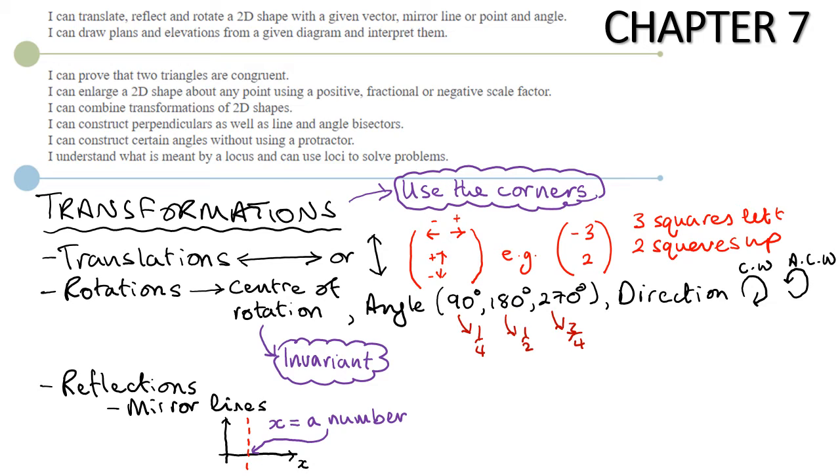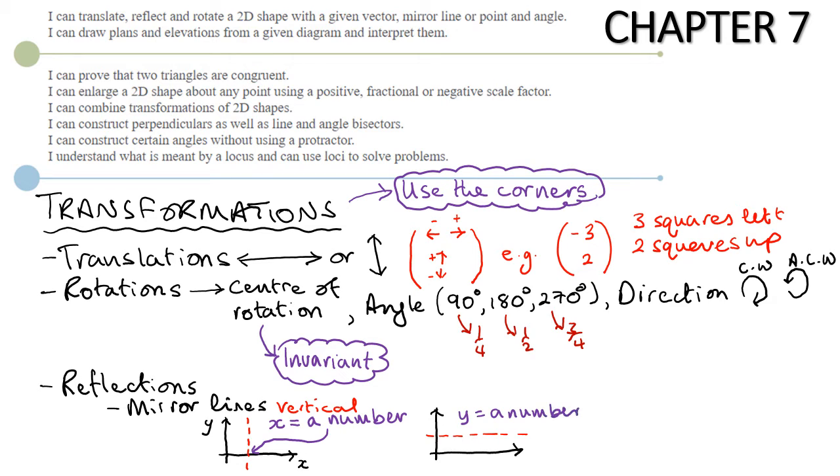Oops, that's not x as well, that's y. So these are vertical mirror lines. Okay. If we had a mirror line that went across like this, the equation of that mirror line would be y equals a number.